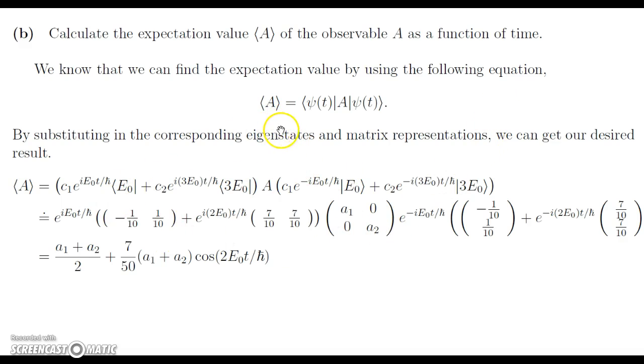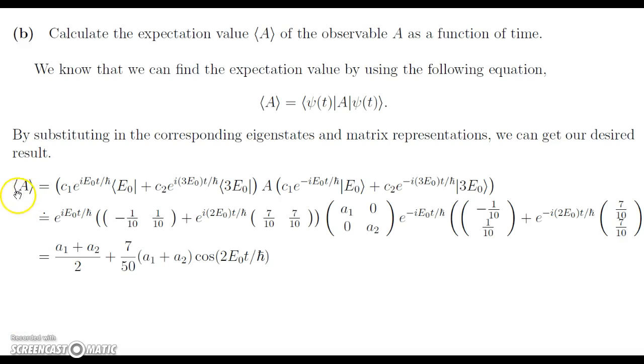So we know we can calculate the expectation value by using the following equation, which is, here we have the expectation of A is equal to the bra corresponding to the state psi of t, in a product with A, and in a product with the ket representing psi of t. So we can substitute in the corresponding eigenstates and matrix representations, and from there we can get our desired result.